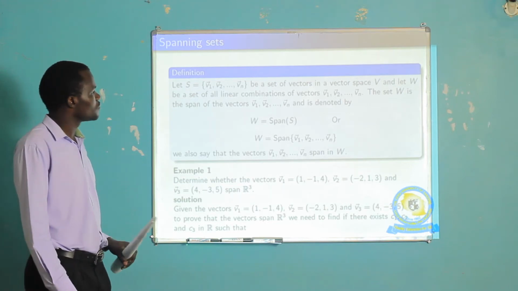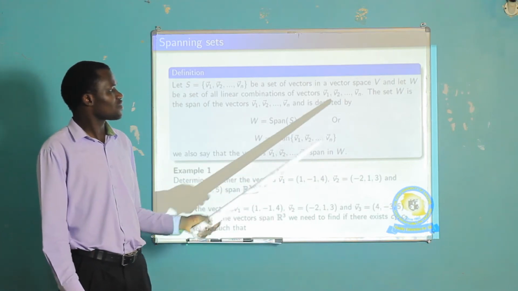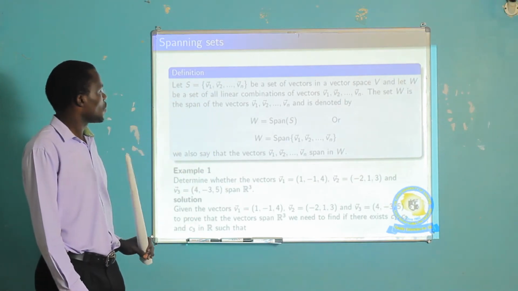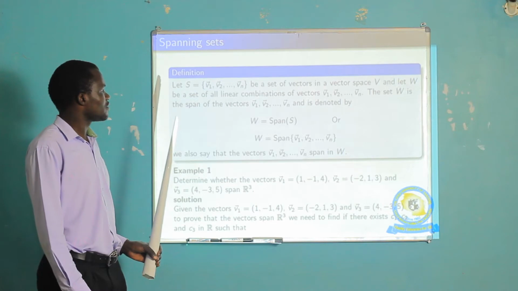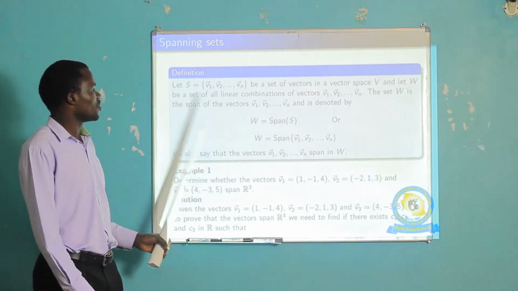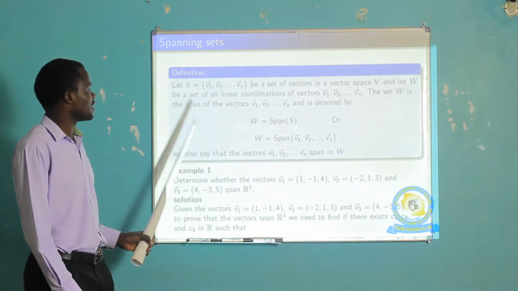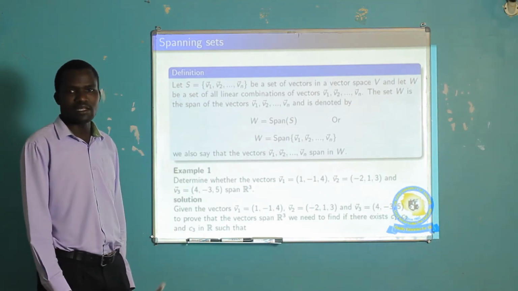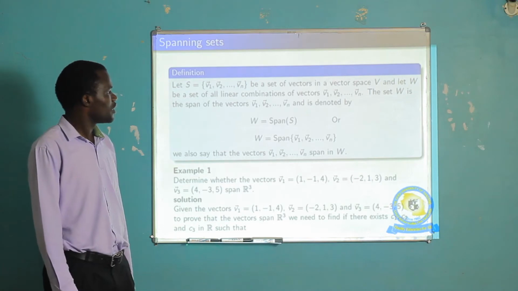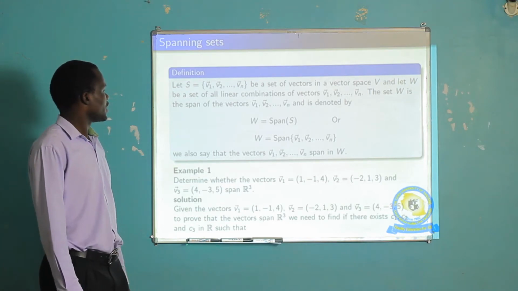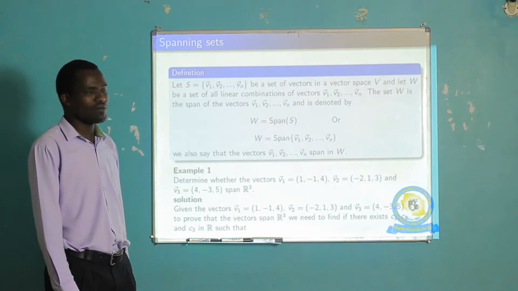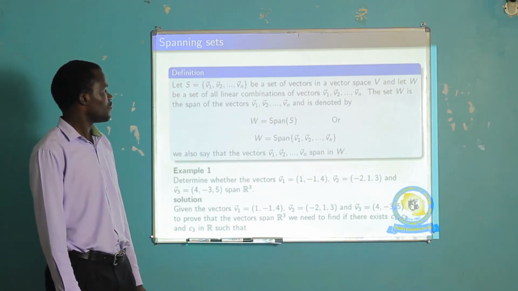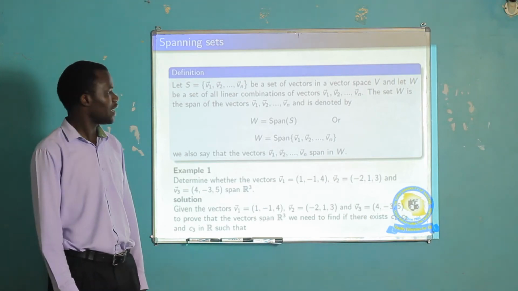And also, within this vector space V, we have a set of vectors W, where all these vectors are linear combinations of the vectors in the set S. Then W is called the span of the vectors in the set S, vector 1 up to vector n.